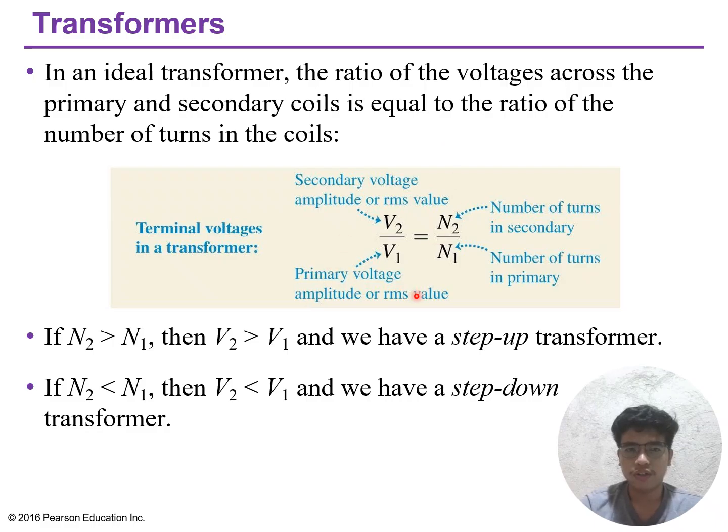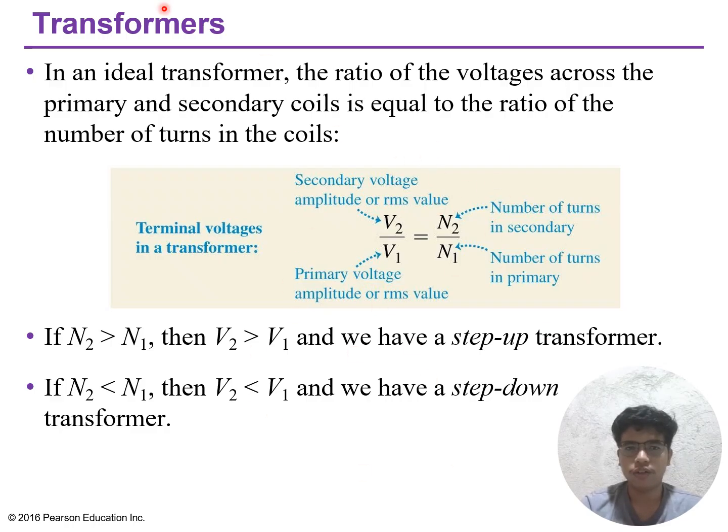In an ideal transformer, the ratio of secondary voltage V sub 2 to primary voltage V sub 1 equals the ratio of the number of turns in the secondary coil, N sub 2, to the number of turns in the primary coil, N sub 1, expressed mathematically as this formula.